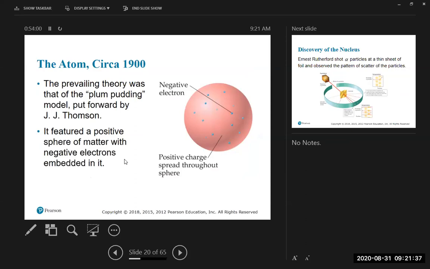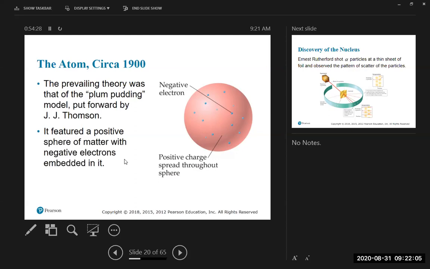So in the early 1900s, based on a lot of this stuff that was learned, there was another kind of theory that came out by J.J. Thomson. He considered the atom to be like a ball of pudding with negative electrons embedded in it.